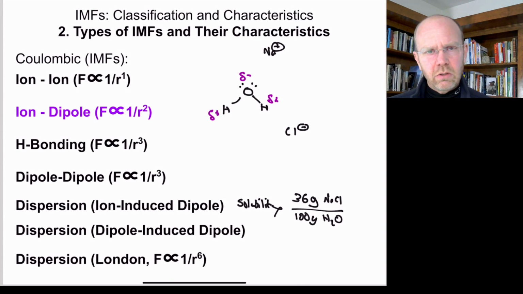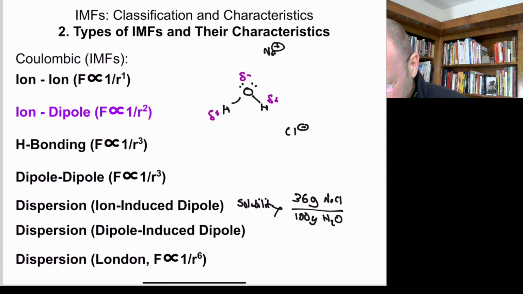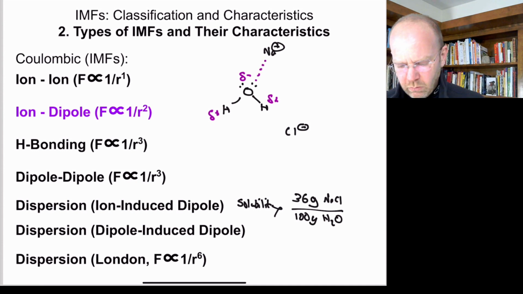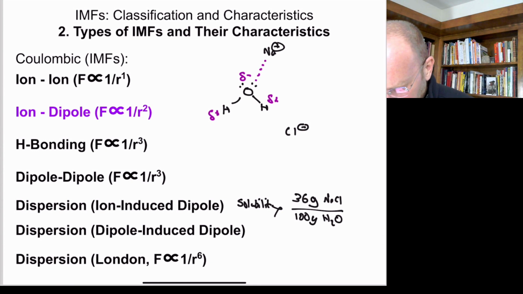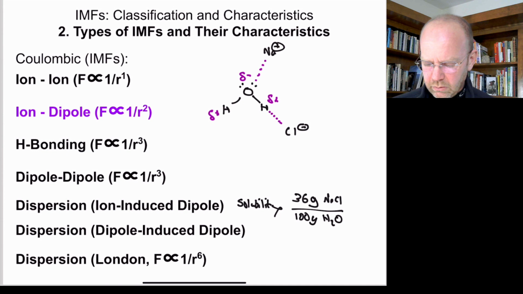So when you take table salt and put it into water, it dissolves. The reason it dissolves is that the positive charge on the sodium ions forms a strong intermolecular force with the negative charge on those oxygen atoms. And similarly, the hydrogen atom with the partial positive charge forms a strong intermolecular force with the chloride, right?